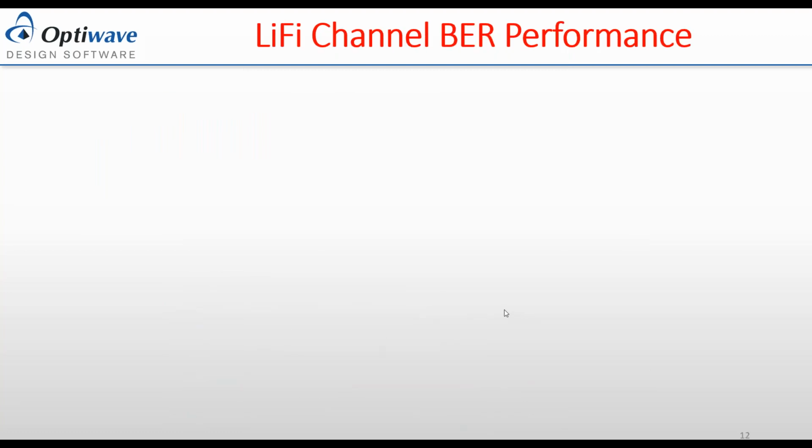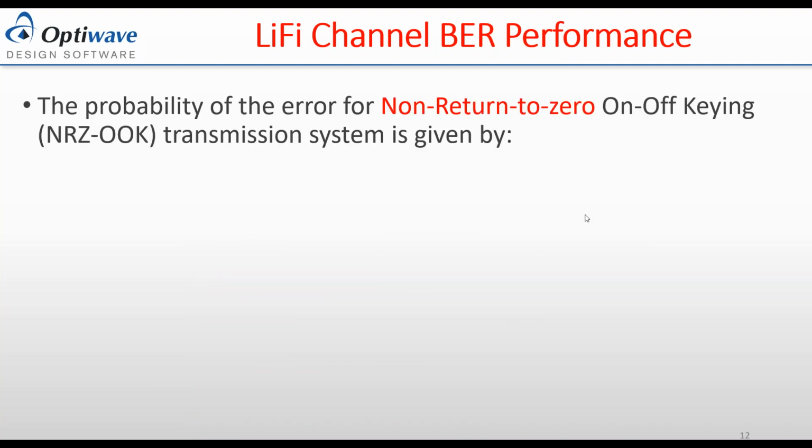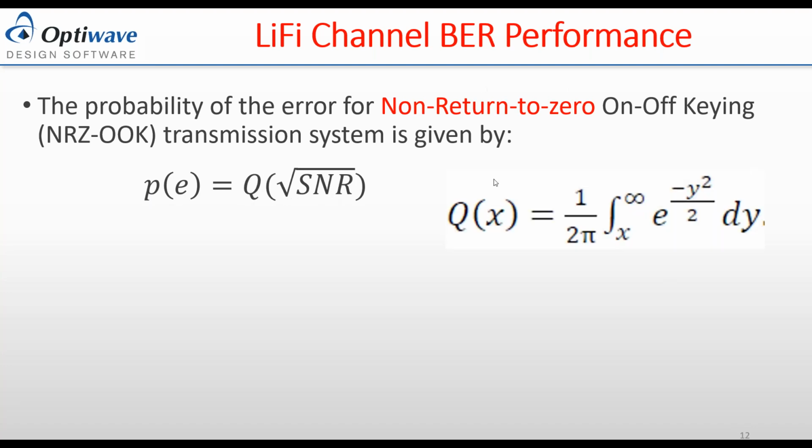Okay, now to characterize the channel bit error rate performance, we're going to assume that we have a non-return to 0 modulated signal, with an on-off keying modulation scheme. Using the probability of error formula, we have it as a function of the signal to noise ratio using the Q function, which is well known and given by this formula.